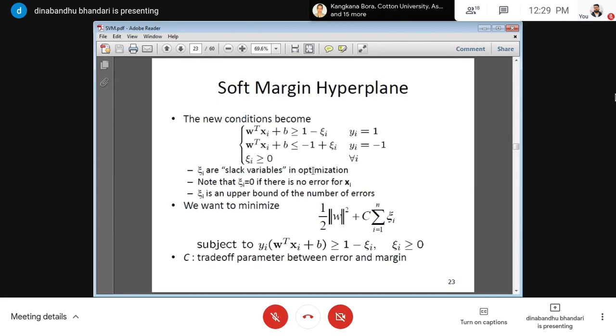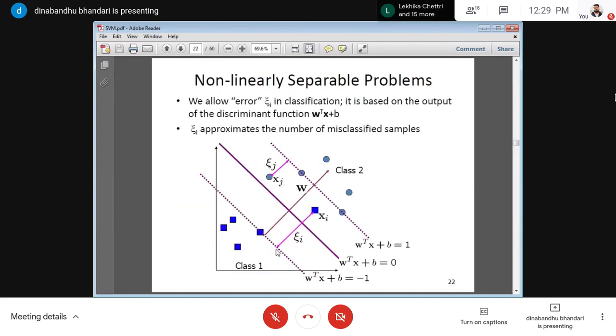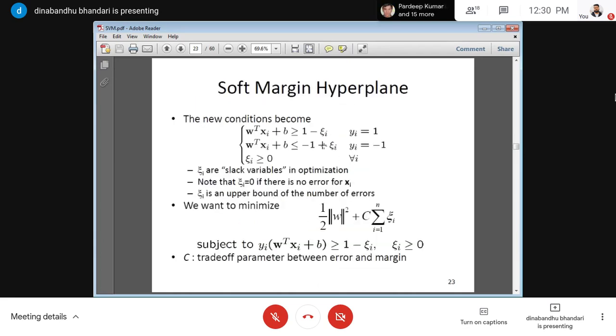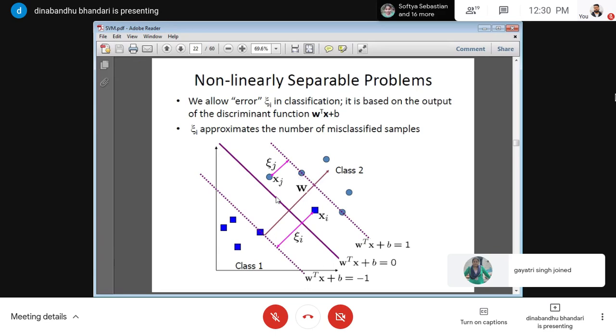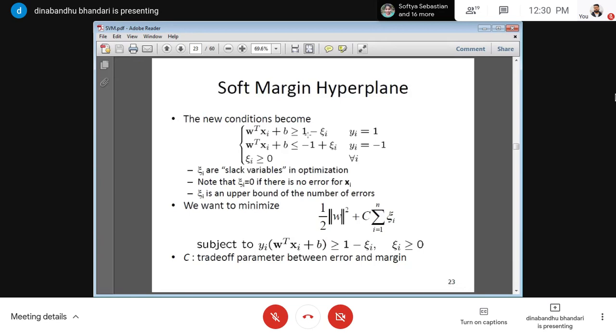And for the negative side, it is minus 1, but now you are allowing further: minus 1 plus xi I. Another xi I also you can allow. And for this one, it would be 1 minus xi I, on this side. So instead of writing strictly 1, you are allowing some variable.